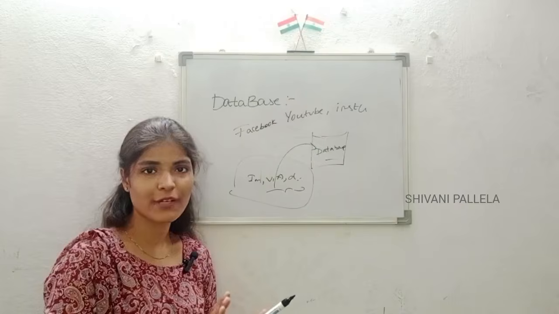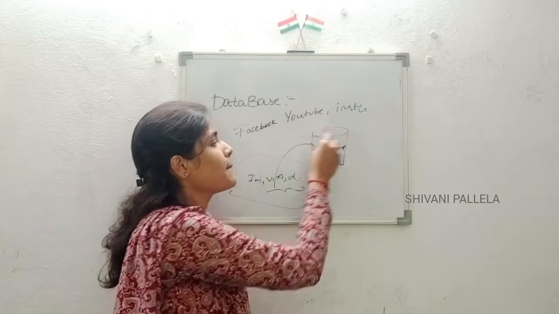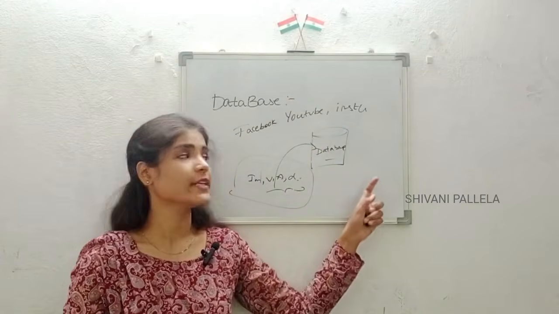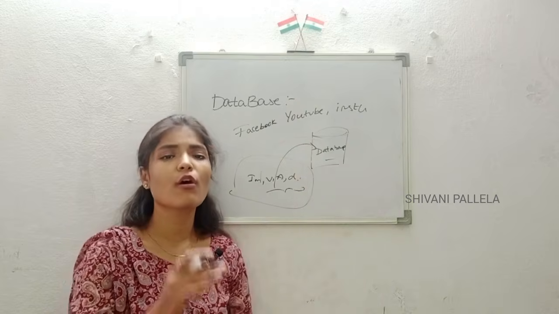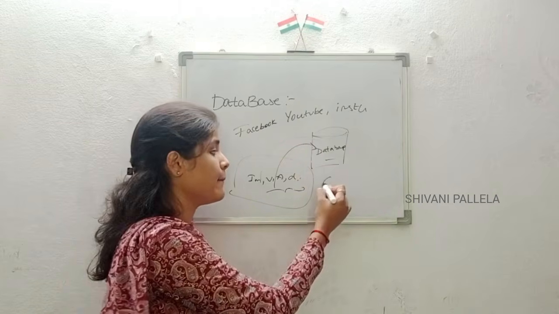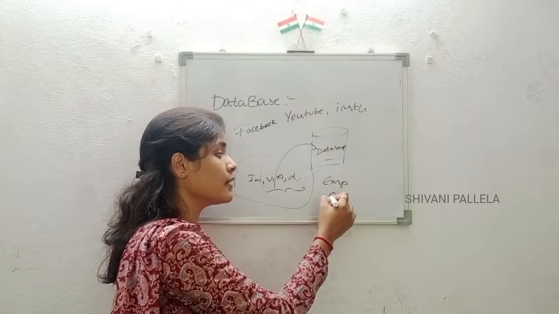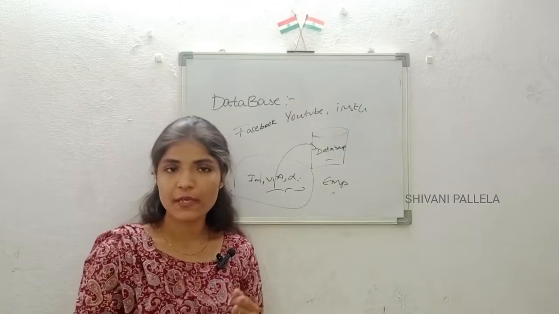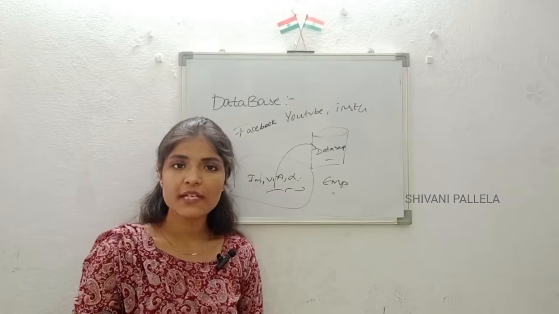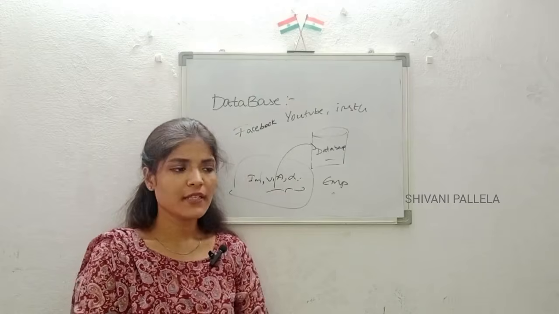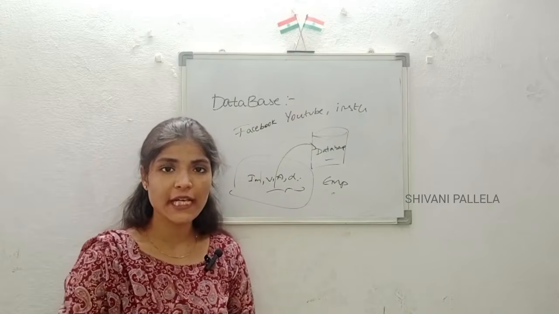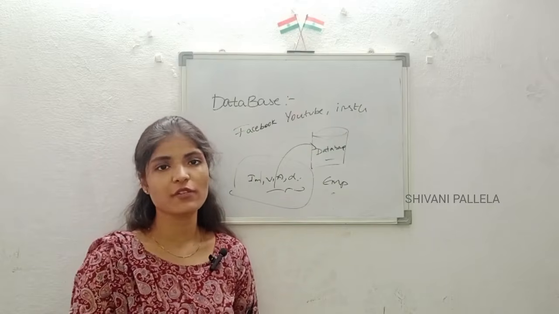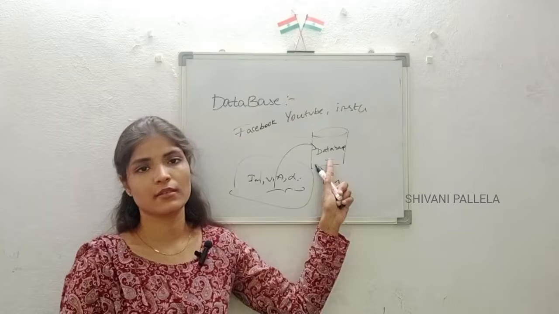In my house? No, right? Every company, every media will have a certain database for their organization. There they store all the details of the employees. In a college, principal, faculty, students and non-teaching faculty will be there. All the related data of those working in an organization is stored in a database.